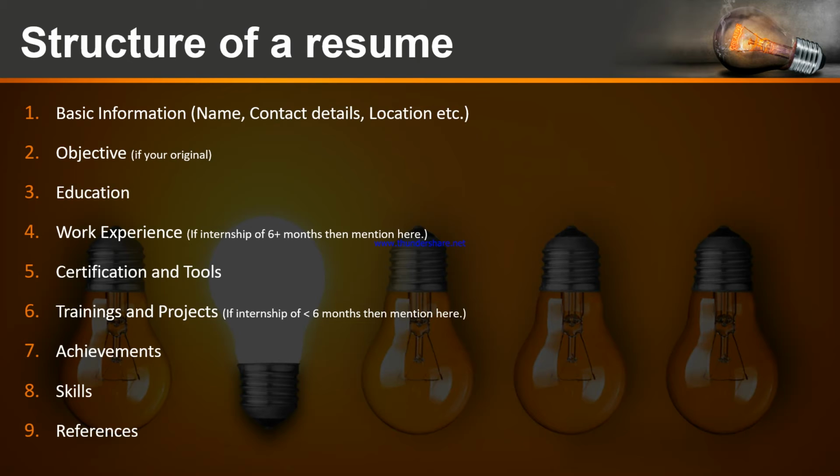Your precedence of your achievements should be: anything at international level, then national, then state, then district, then city, and then school. This is one way of doing the precedence. The other way of doing it is any achievement which reflects your leadership quality.